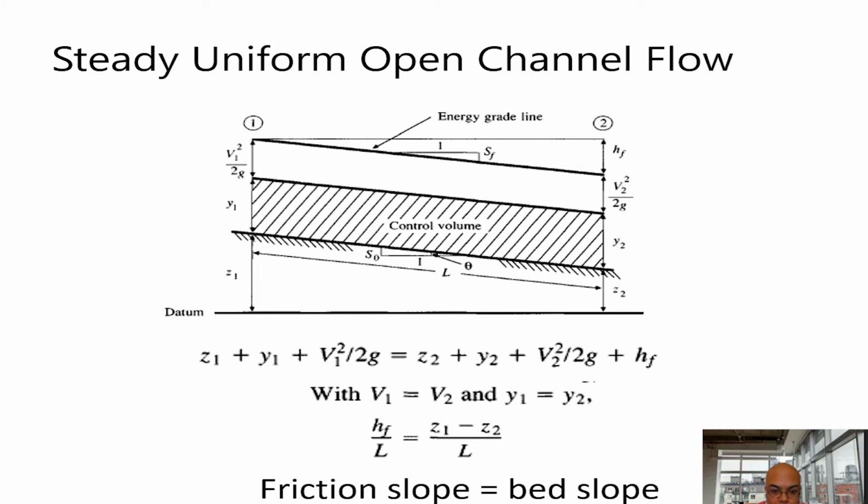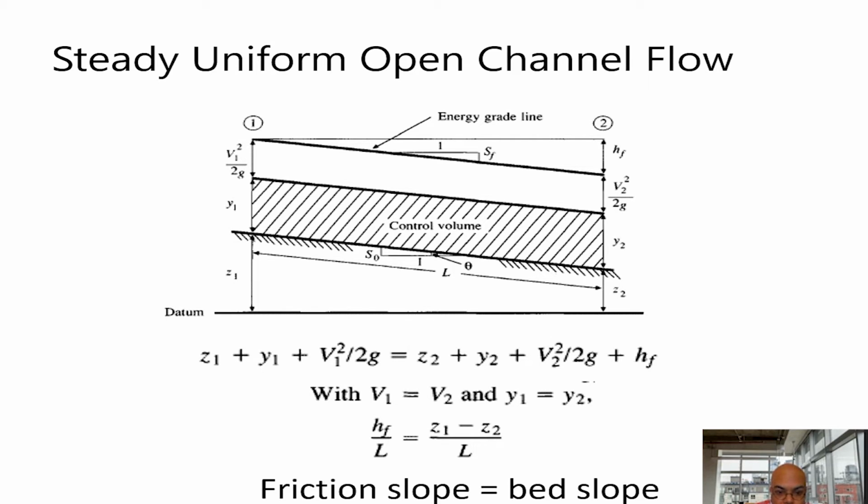Open channel flow means there is the existence of a free surface. I mean the top surface of the flow is in contact with the atmosphere. So that is open channel flow, whereas pipe flow is a pressurized flow. In pipe flow, the entire perimeter of the flow is in contact with the pipe, so there is no atmospheric pressure.